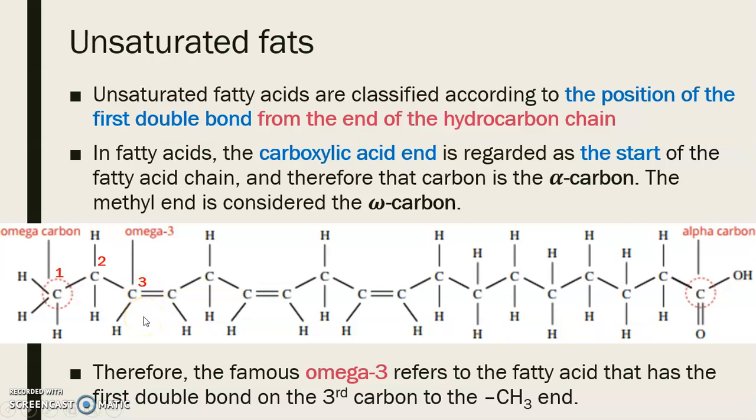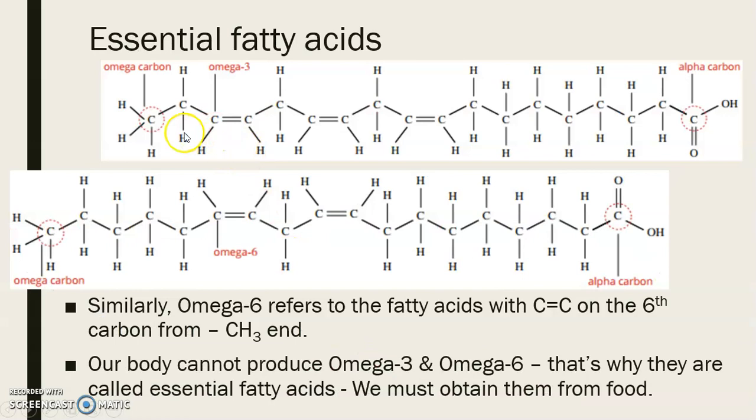Yes, this is that famous omega-3 fatty acid that normally appears in tuna cans or some seeds and other healthy food. Similarly, omega-6 refers to the fatty acid with the carbon-carbon double bond first occurring on the 6th carbon counting from the omega end, the methyl group end.